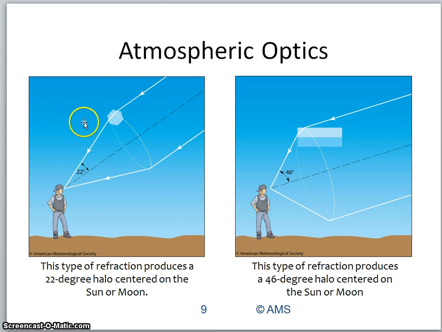They can be multi-sided, or you can look through it at a point. So you're going to pass through a side, then an edge or an end point. Those types of ice crystal setups will give you different halo effects.